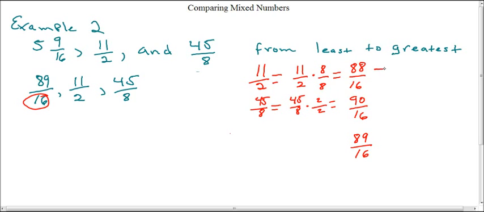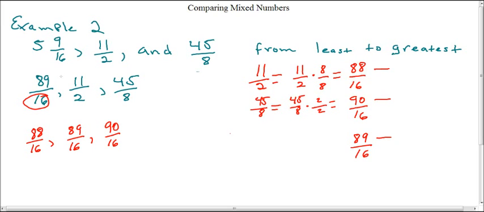So we're comparing 89, 88, 90, and 89. What's the least number? Well, of course, 88. So from least to greatest, 88 over 16, then of course 89 over 16. And last, 90 over 16. And that's the way they're set up from least to greatest.